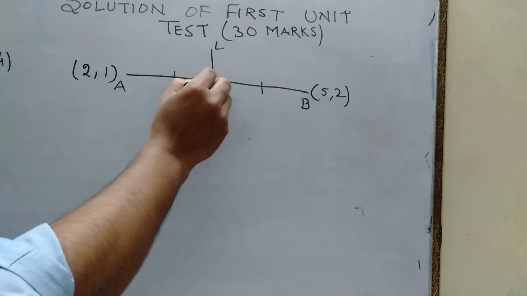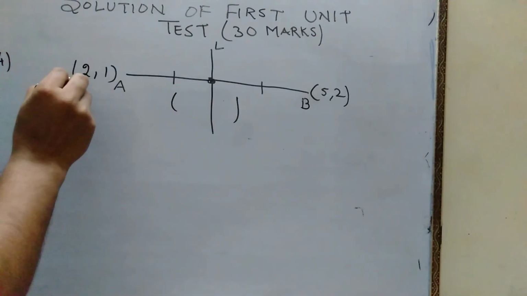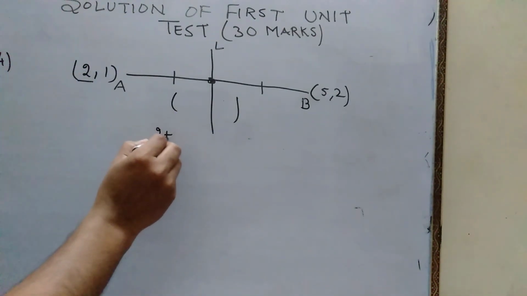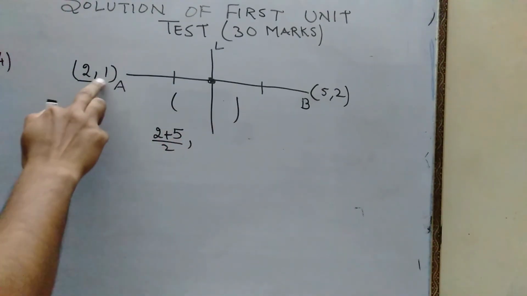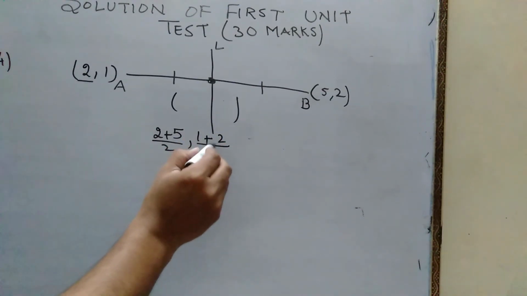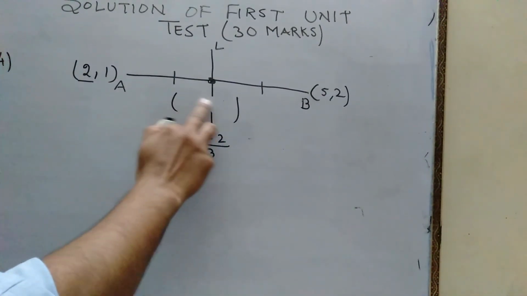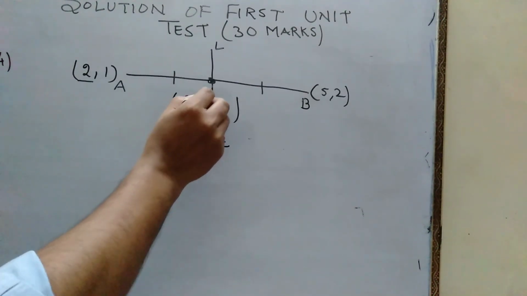So this point will be the midpoint of AB. Midpoint, x1 plus x2 upon 2, comma y1 plus y2 upon 2. So the coordinate of the midpoint is 7 upon 2, comma 3 upon 2.